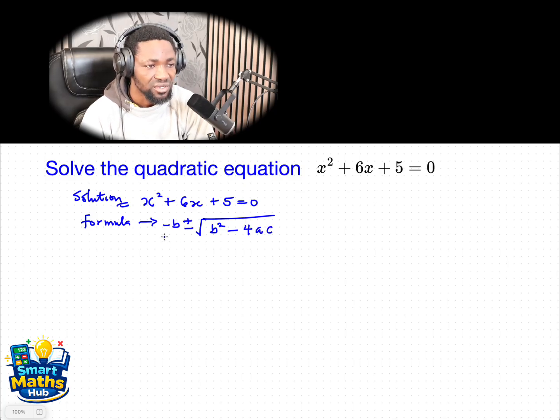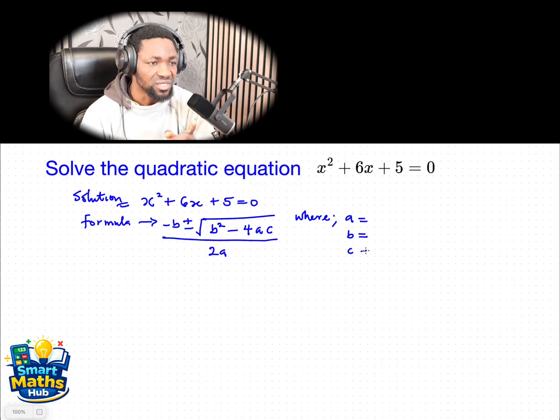Everything over 2a. So you now come here, where a equals, b equals, c equals. So what's the value of a? Your value of a is 1 because you only have x raised to power 2.